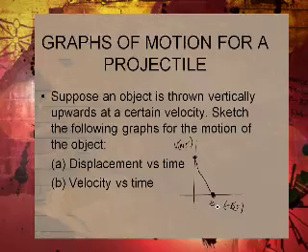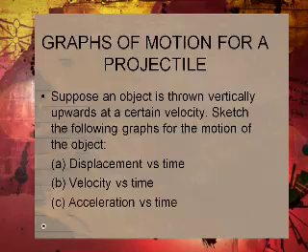So that is t, which is normally half the time it takes to come back to the thrower's hand. At that point it has its maximum velocity when it comes back, which should be equal to the velocity at which it was projected upwards. So that's what we have for the v-t graph for a projectile.